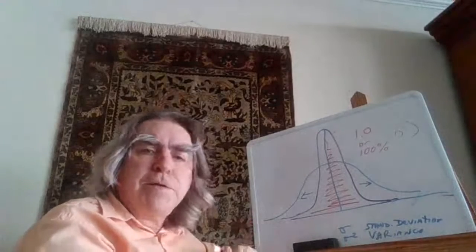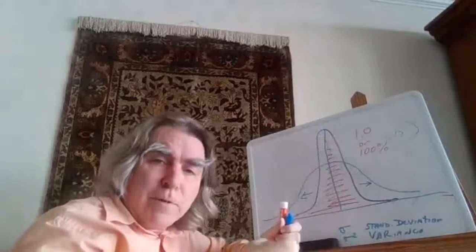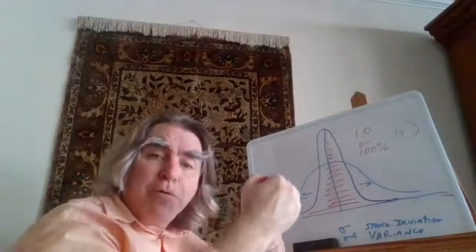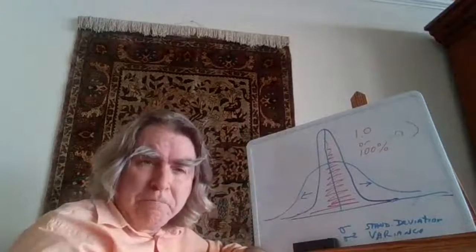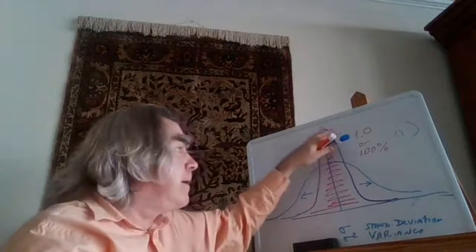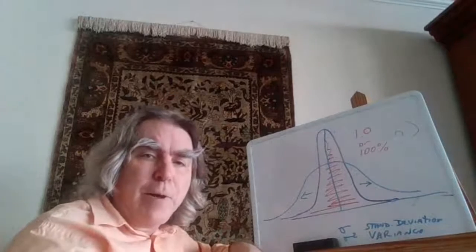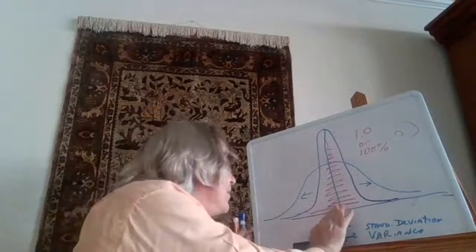Well, it turns out that you see this one here, not only is it more centered, but it's also taller. Why does it have to be taller? Because the area under this purple line has to equal 1. But what else is true?